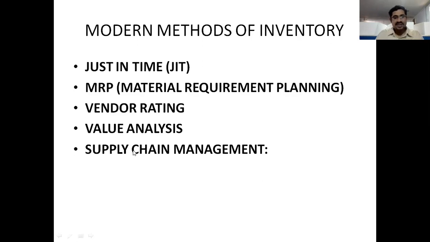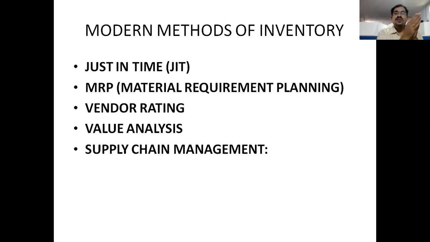And coming to the next thing, supply chain management. Supply chain management is another modern technique. Here we discuss the supply of materials from supplier to manufacturer, manufacturer to distributor, distributor to dealer, dealer to wholesaler, wholesaler to retailer, and finally to the customer. So this is the cycle, the chain, right?